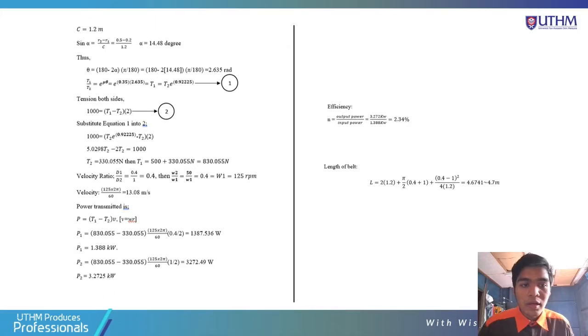So this is for our calculation. As we can see here, we go through the formula that we have discussed, or that has been presented by my friend from the case study. So this is the calculation, and we start from the tension on both sides.